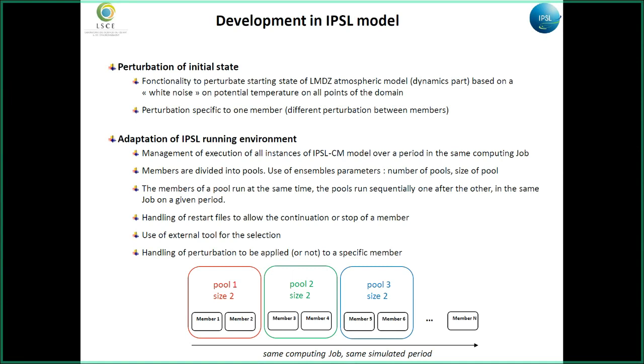The members of a pool run at the same time, and the pools run sequentially one after the other in the same job on a given period. There is a figure at the bottom of the slide which illustrates that. We also want the handling of restart files to allow the continuation or stop of a member, the possibility to use an external tool for the selection of the members, and finally the handling of perturbation to be applied or not to a specific member.